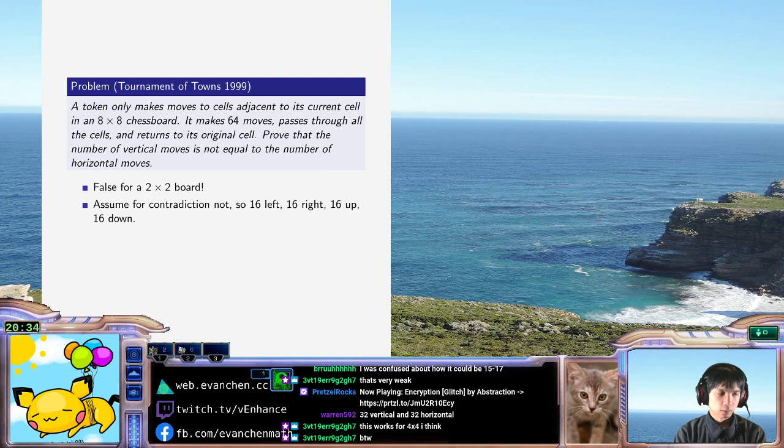So, this works for a 4x4, like the statement is true for a 4x4, or there's a counterexample on 4x4? Statement true, okay.